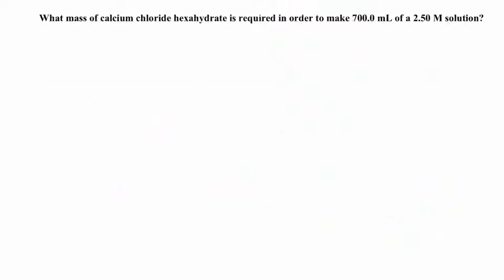Okay, and the second one of these problems said, what mass, so again, we're looking for grams, calcium chloride hexahydrate. Okay, so we know that calcium chloride is CaCl2, and a hexahydrate is simply, we put a little dot there, and that just shows that there's 6 hydrates or 6 waters attached to that. So those waters are part of that solid particle.